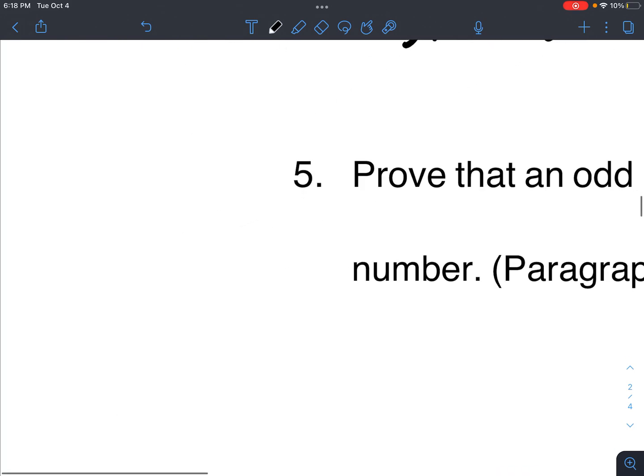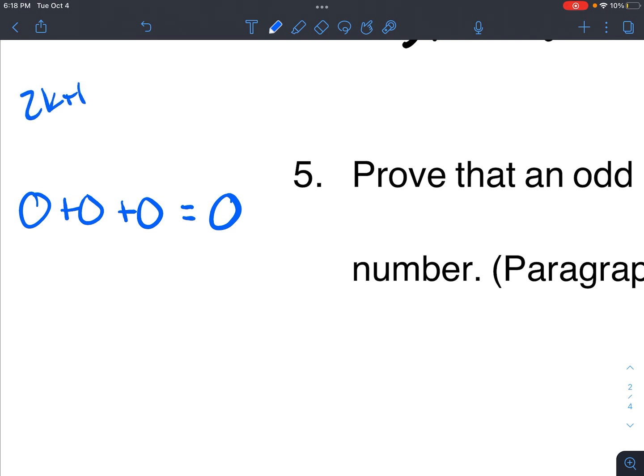So let's just write out our thoughts on this. Just saying O plus O plus O is equal to O. Instead of going out and writing 2k plus 1 plus 2k plus... scratch that, okay? Just think about it more rudimentary, more basic. What is this equal to? Odd number plus odd number.